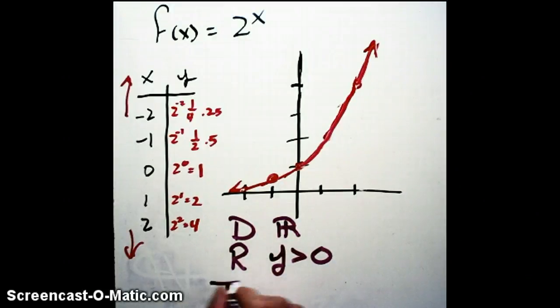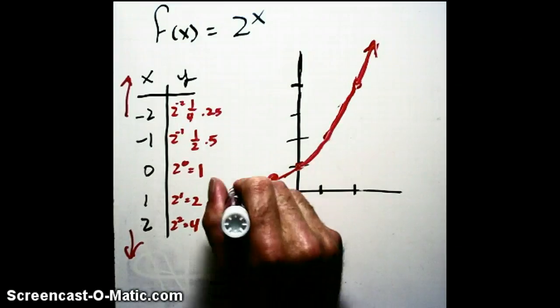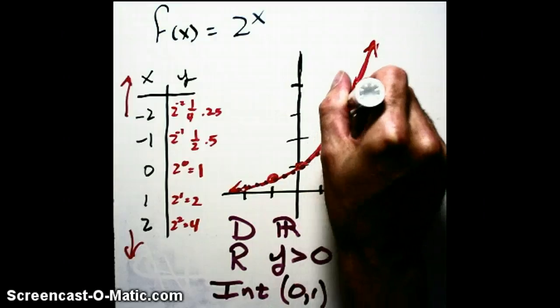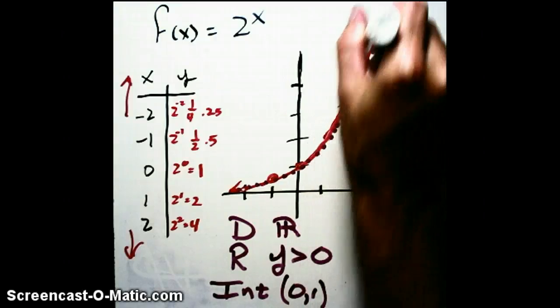What about an intercept? Okay. Is there an x-intercept here? No. Is there a y-intercept? Yes. The y-intercept is at (0, 1). That makes sense because basically anything to the 0 power gives me 1. Now, if you were an ant on the curve going from left to right, notice your y values would be increasing.